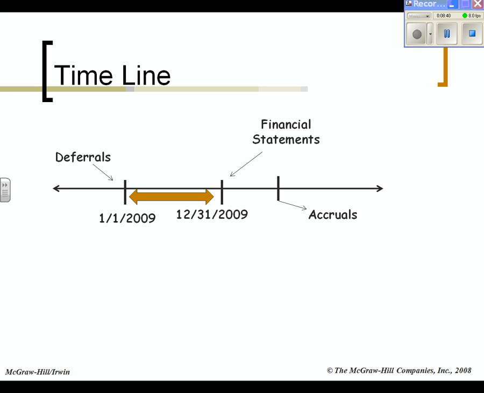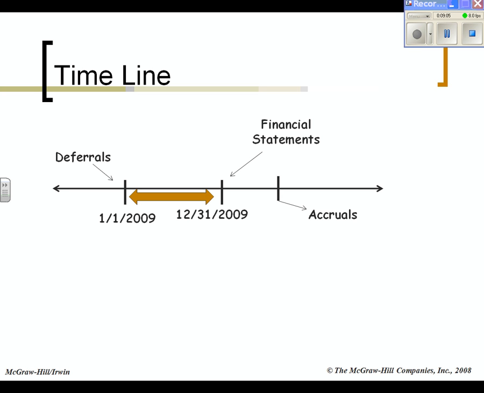And so the accounts payable clerk will look at the invoice that they received, say, in January or February of 2010, and they'll look at that invoice and say, you know what, this is from a contractor. They provided services to us back in October of 2009. I've incurred that expense back then. I need to record it then.